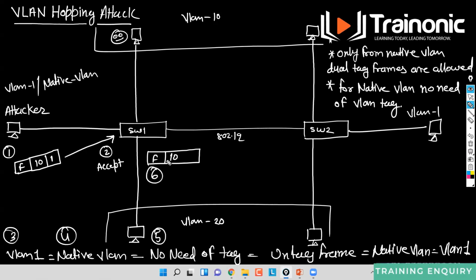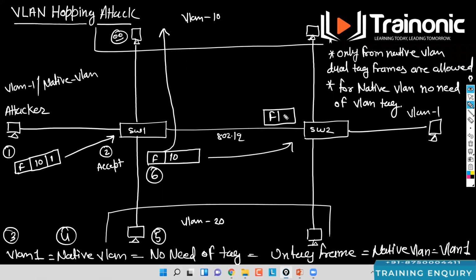Now the frame contains tag number 10. Now switch 1 will forward this frame into VLAN 10. One copy will go to the switch, and then the frame will be forwarded based on the tag in VLAN 10.